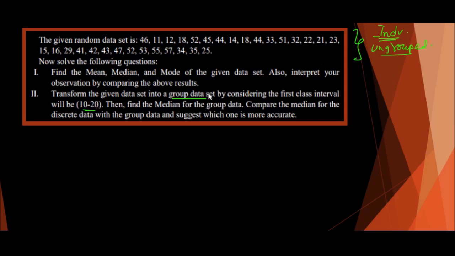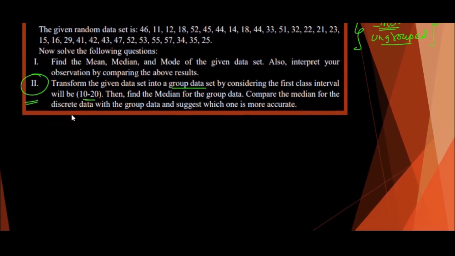Compare this median with the one for the individual ungrouped data, and suggest which one is more accurate. The second part is going to be lengthy, but according to that you will get the marks in the exam. If the first question consists of 3 marks, then obviously the second question will be at least a 7-mark question.